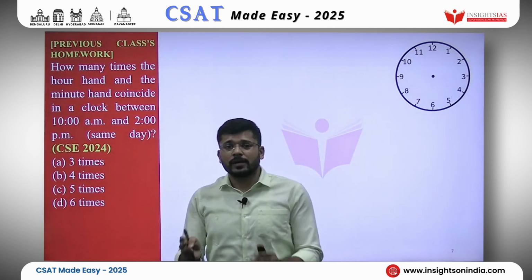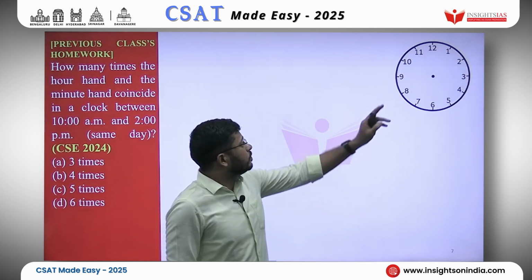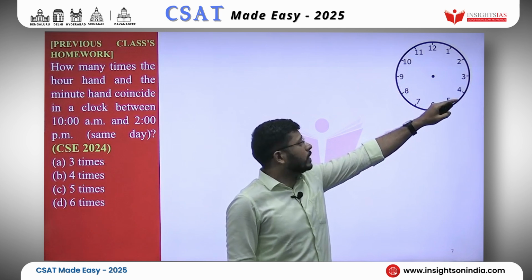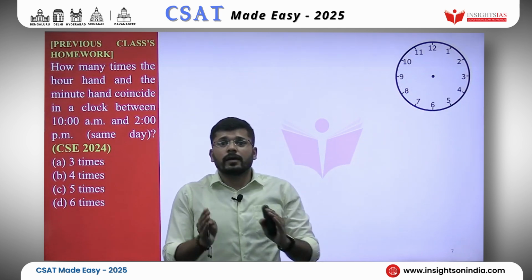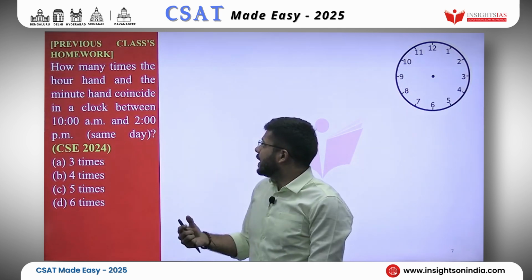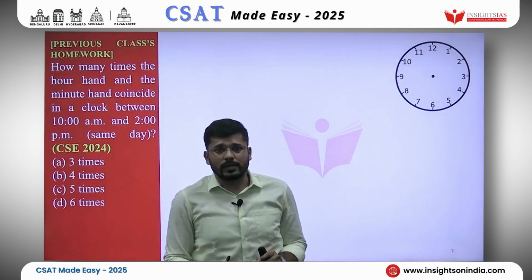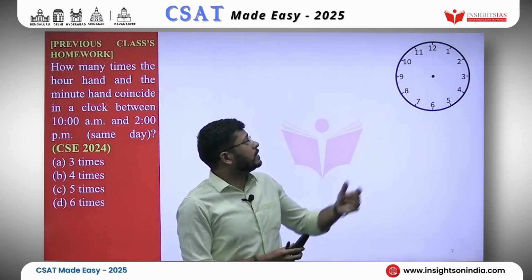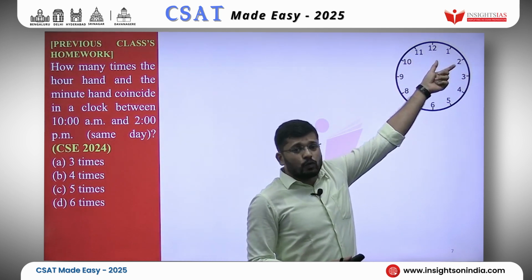We know that between any two given hours, 1 o'clock and 2 o'clock, 2 o'clock and 3 o'clock, 3 o'clock and 4 o'clock, the hour hand and the minute hand coincide once. The exception is 11 and 12 and 12 and 1.